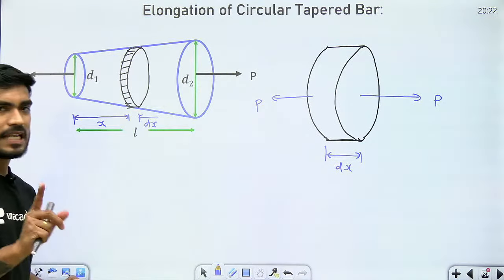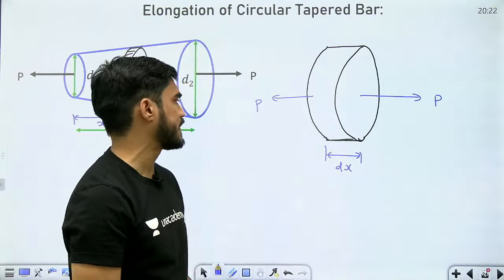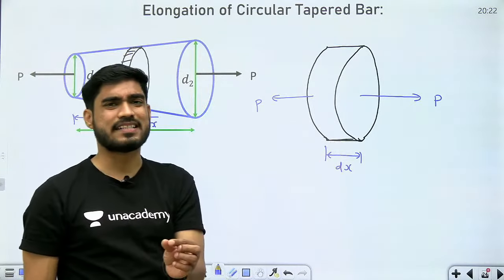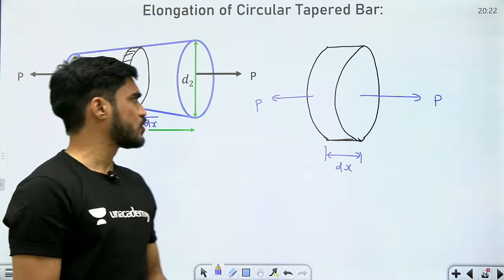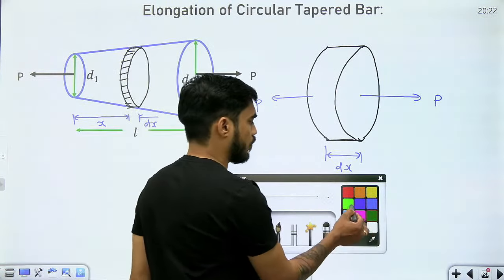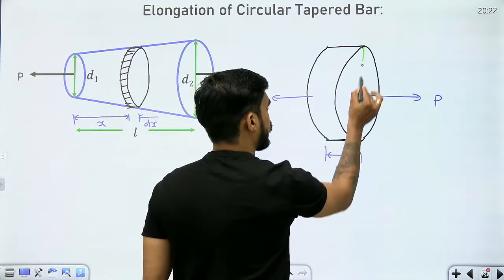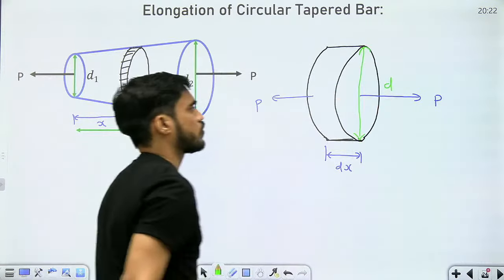Okay, now understand, if the thickness dx is very small, if I am considering a very small element, then can I assume that the diameter of this element is almost constant? Can I assume that this diameter d is almost constant?